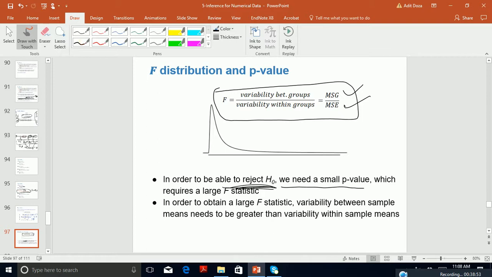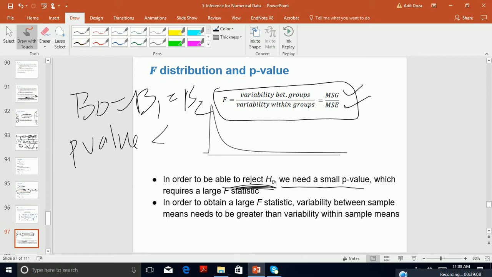Okay. So in my case, when I set beta 0 equals beta 1 equals beta 2, when I gave you the health example, I found a p-value that was less than 0.05. What does it say? Should I reject my null?